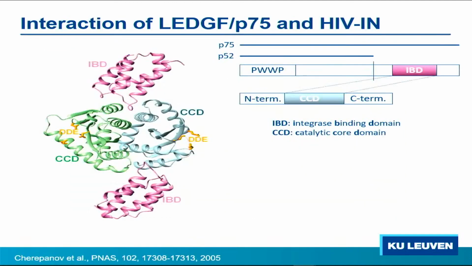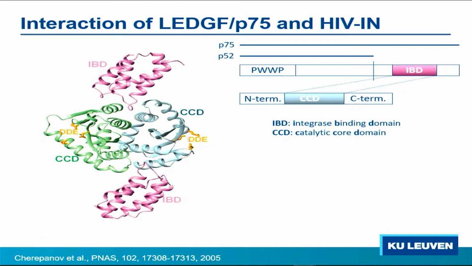Okay. So after showing that this protein was important for integration, after showing that it was a potential drug target, Peter Cherepanov, a former postdoc in my lab, solved the crystal structure of the complex. The integrase has three domains.